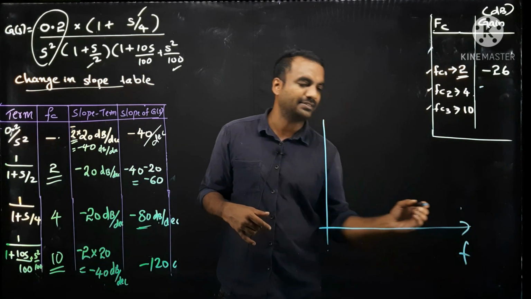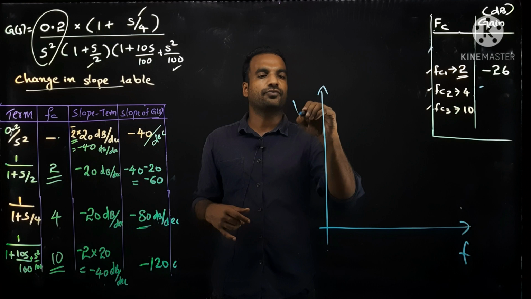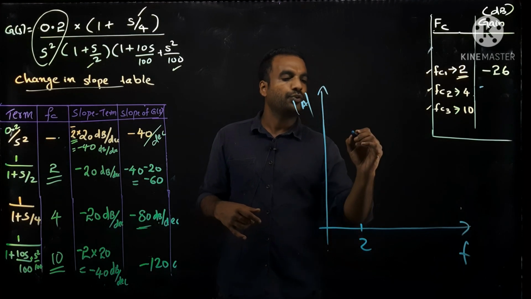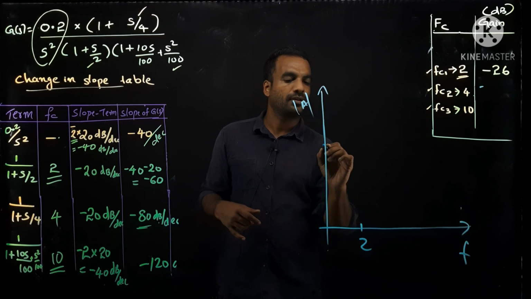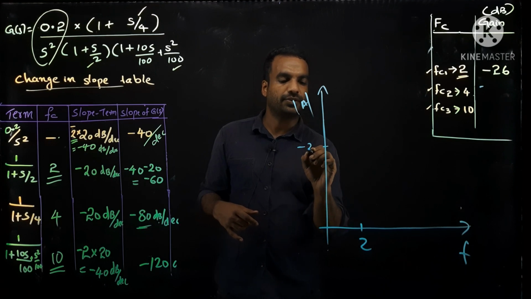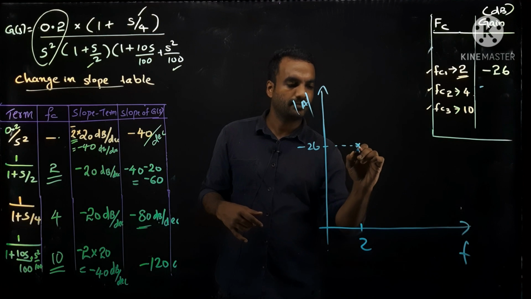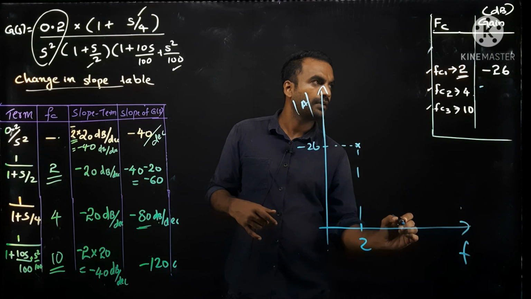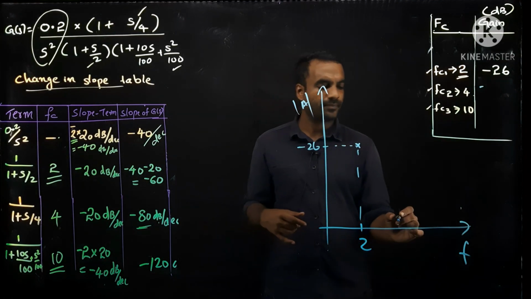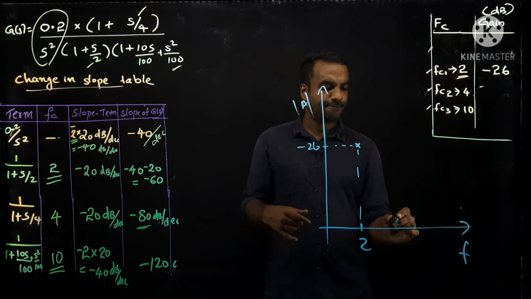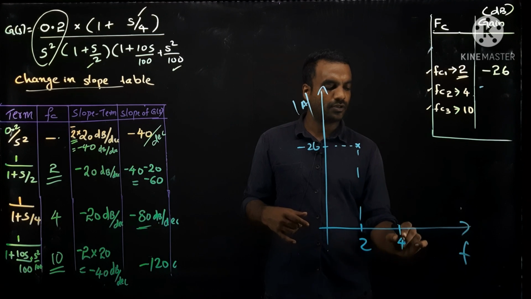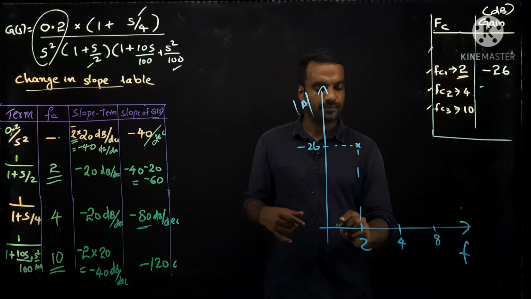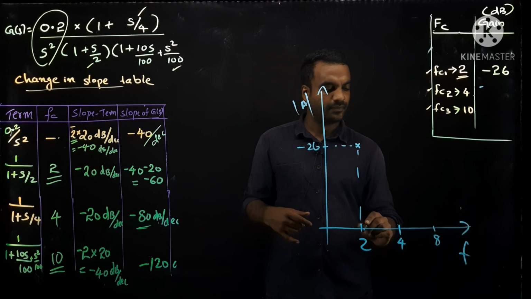So this is the frequency axis. This is the axis of gain. Suppose at 2 you got some minus 26. This is the point. Next point is 4, next it will be 8, like that.